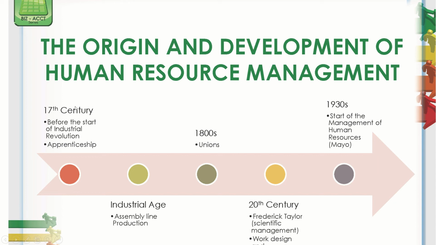First was during the 17th century before the start of the Industrial Revolution, where apprenticeship is evident, followed by the Industrial Age, where there was assembly line production, and then during the 1800s, unions, followed by the 20th century, in the presence of Frederick Taylor with his theory, scientific management. And lastly, is the 1930s, the start of the management of human resources by Elton Mayo.